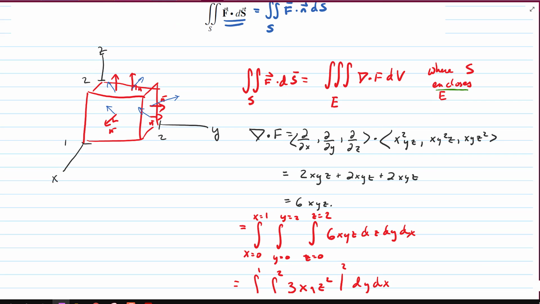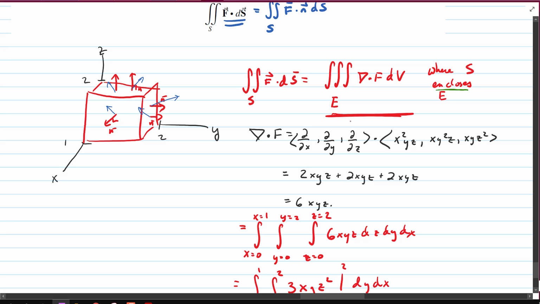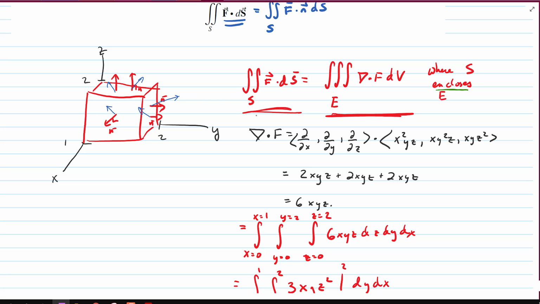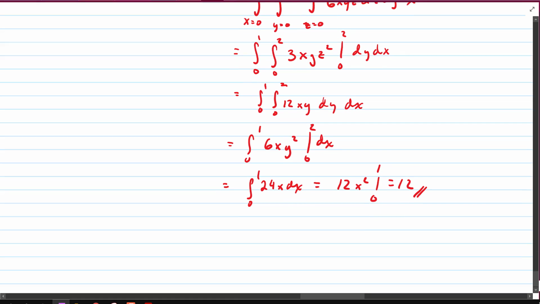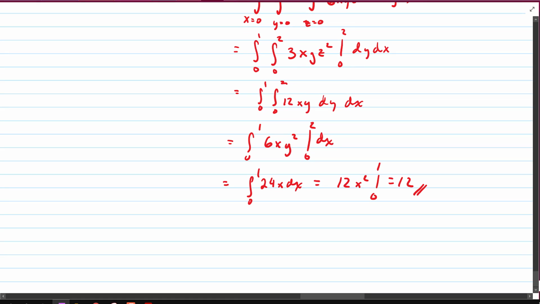That is, if you summed up the sinkiness or sourciness at all of the points inside this solid parallelepiped, that would be computing this expression. But the divergence theorem tells us that computing that expression is equivalent to finding the flux across the surface that encloses that region. And so we've answered the question, finding that the solution to that integral is 12.